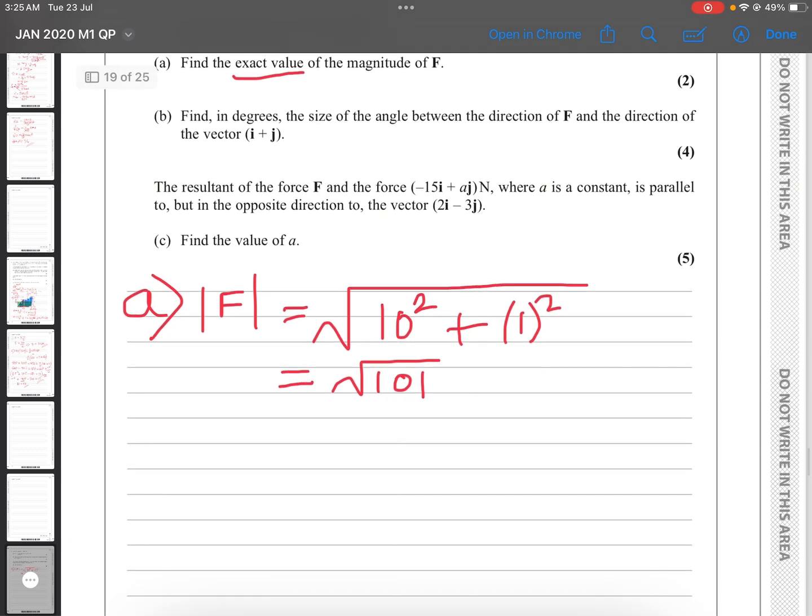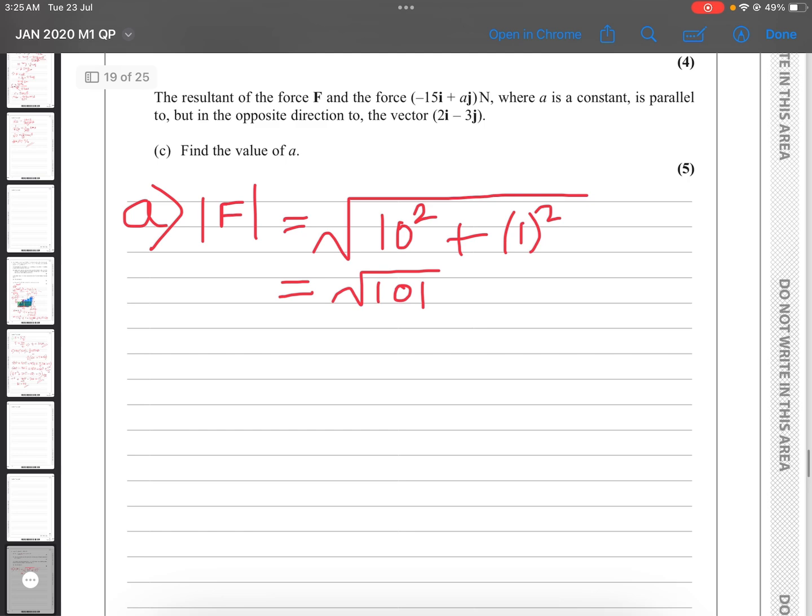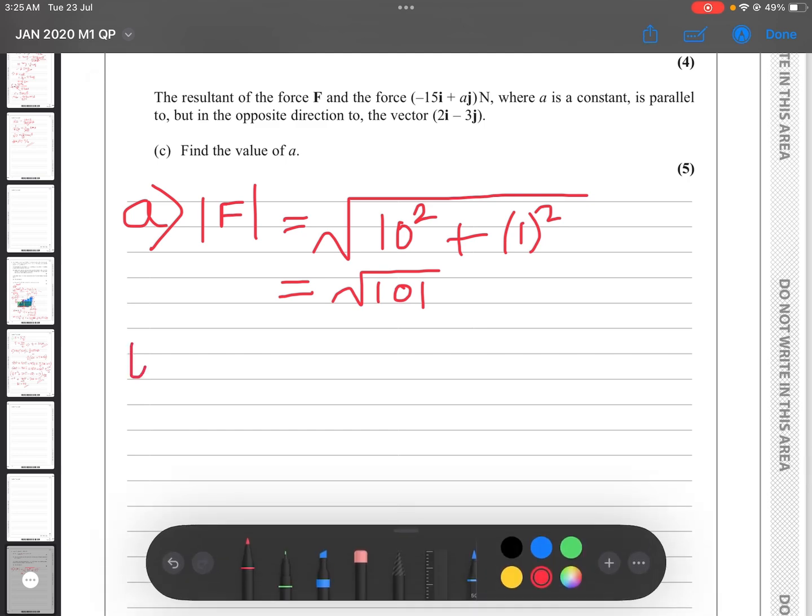Part B states that find in degrees the size of the angle between the direction of F and the direction of the vector i plus j. Now again, let's draw it out. So my vector was 10i plus j, right? 10i is in the horizontal direction, so this is 10i, and 1j.